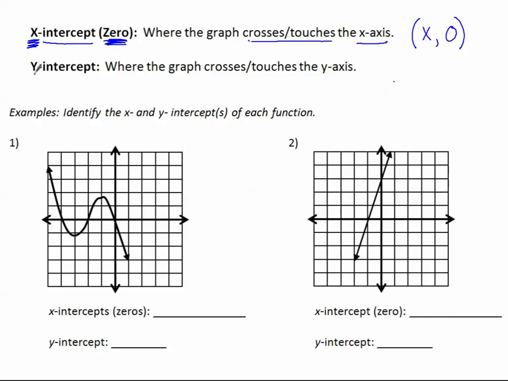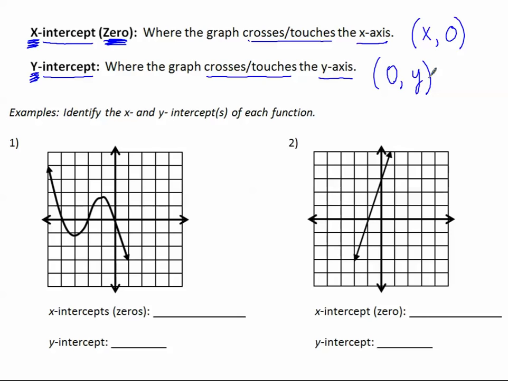The y-intercept is not called a 0. It's just called the y-intercept. This is where the graph crosses or touches the y-axis. The ordered pair is written as 0, comma, whatever the y-coordinate is.